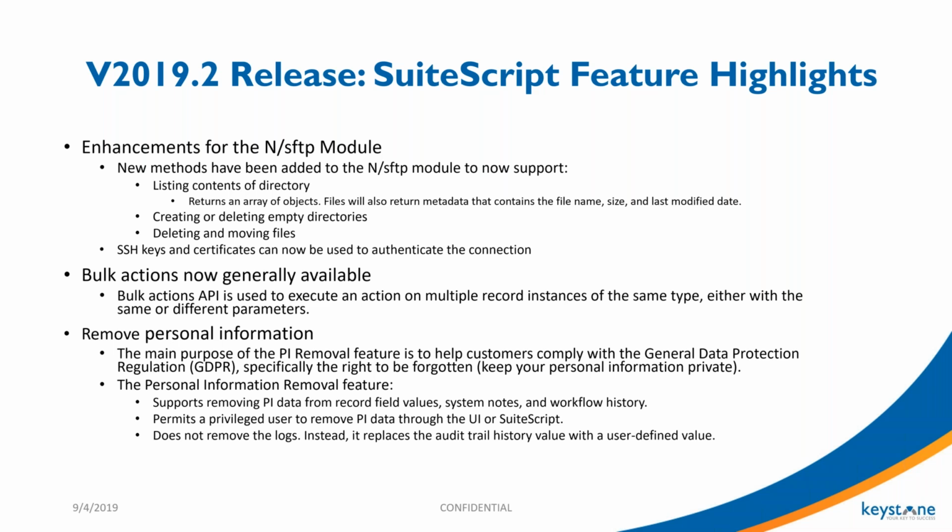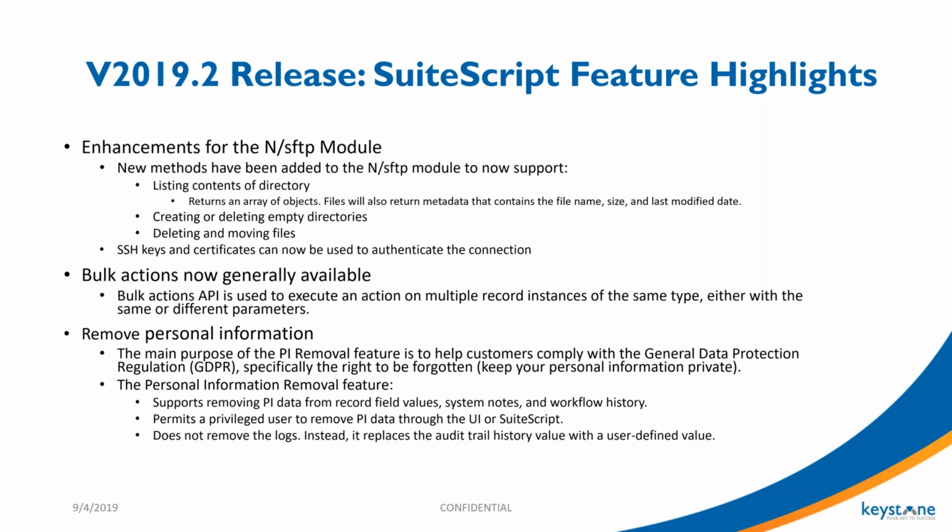Previously, the only thing you could do was download or upload, and you could only download if you knew the exact file name and directory of the file you were trying to download. So now you can use wildcards in your directory search as well as in the file names. So if you want to download all file names that start with 9/4/2019, then you just put that in with a star at the end of it, and it will pick up any files that match that query.